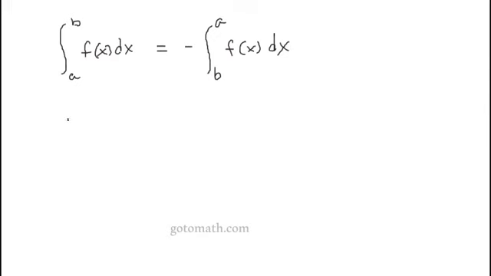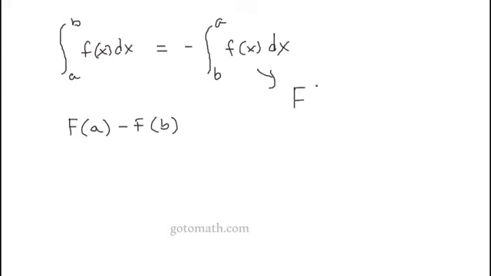Remember what this was equal to. This was equal to f of a minus f of b. And there are times where you need to flip these. So what is this equal to?